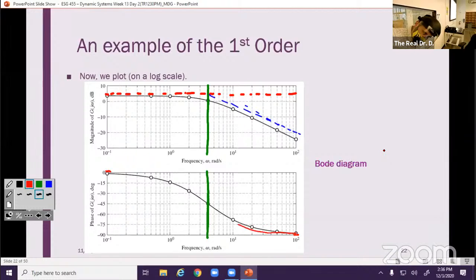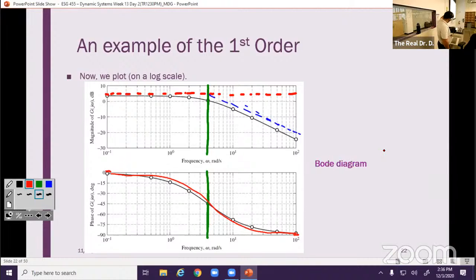And at the corner frequency, I will cross minus 45. So at the corner frequency, you actually shift which side of the asymptote your plot is on. So that makes sense. That's what the asymptotes look like.